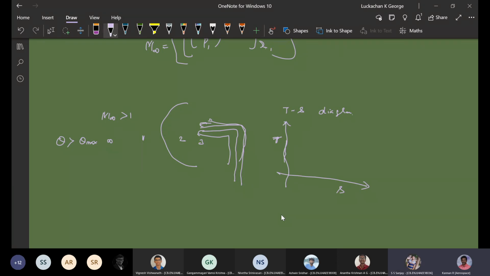Sir, infinity to 1 is isentropic. Yeah, can you draw the T-S diagram and tell me? You have to look at the static temperature also.